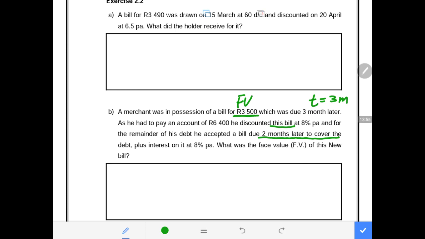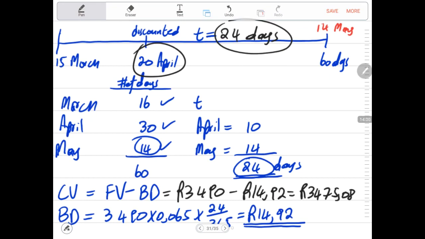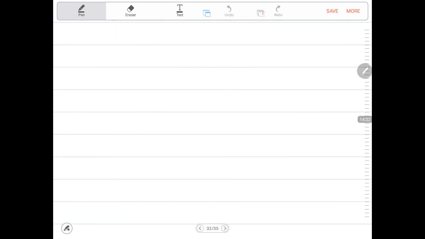Now, very important to highlight the fact that this person is owing money. We need to say how much he is owing. We need to be very clear on that. The amount that he owes is 6,400.